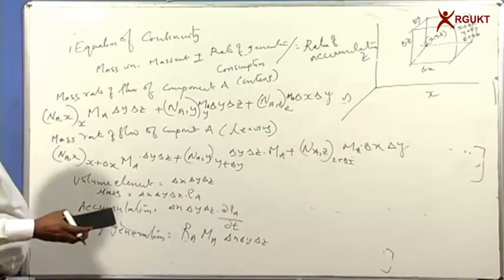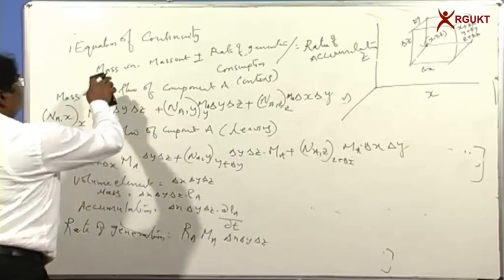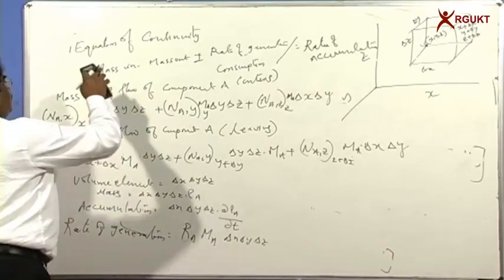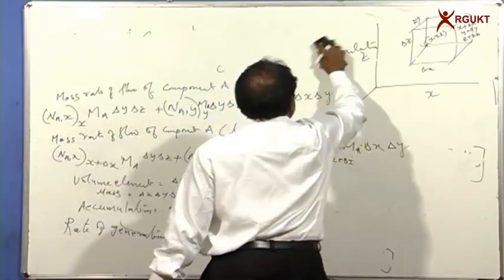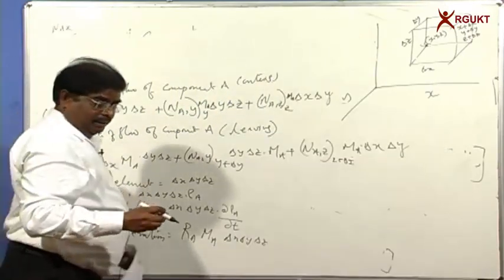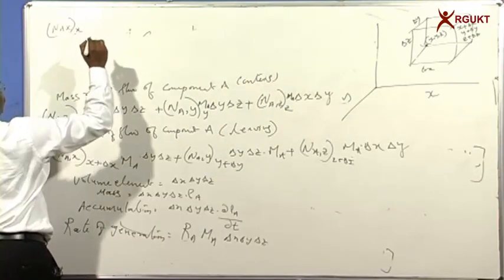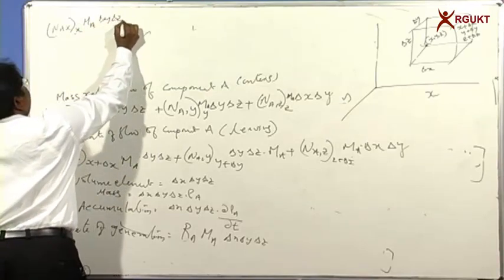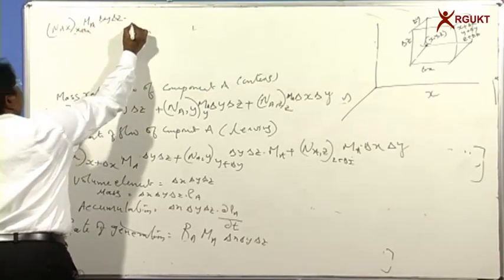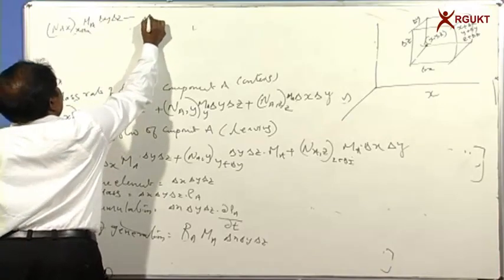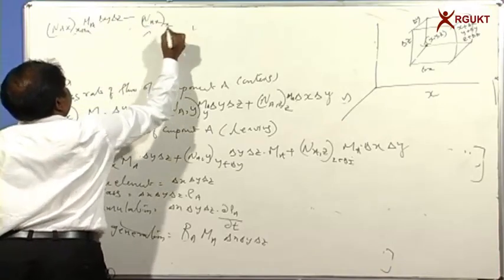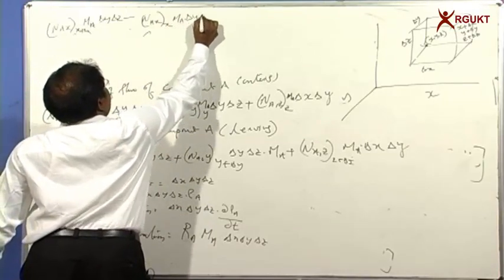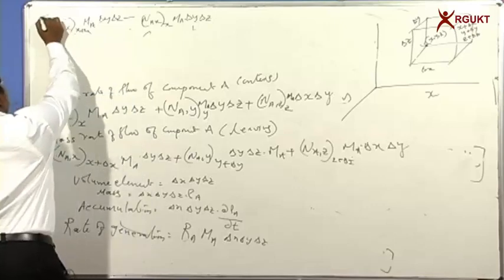Now substituting all these four things in the mass in, mass out, plus or minus rate of generation or consumption, equals rate of accumulation, if you can substitute these terms into this equation, here NAx at x plus delta x, MA delta y, delta z, minus NAx at x, MA delta y, delta z. This is for the x direction.